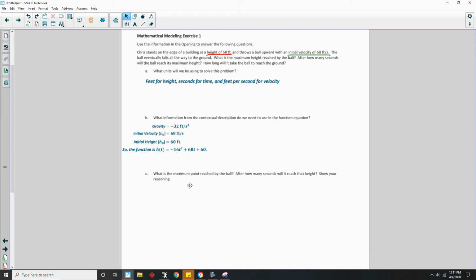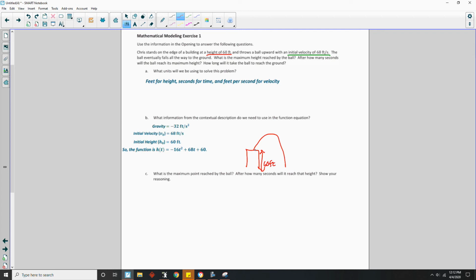So now C says, what is the maximum point reached by the ball? What we're really doing here is graphing a quadratic, t squared. So it is a parabola, and a is negative, so it looks like this. So here's the building. He's throwing the ball off the building. This here is 60 feet, just to draw a picture.